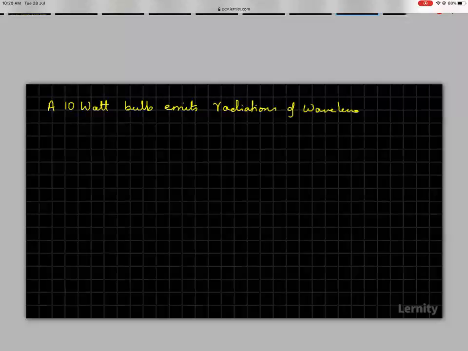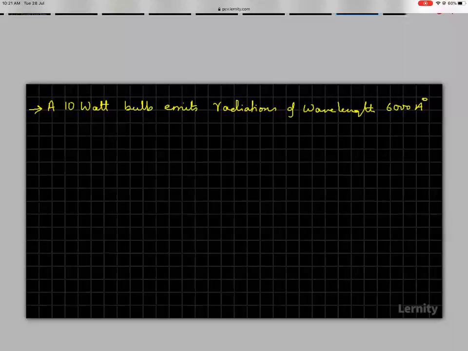The next question. A 10-watt bulb emits radiations of wavelength 6000 angstrom units.